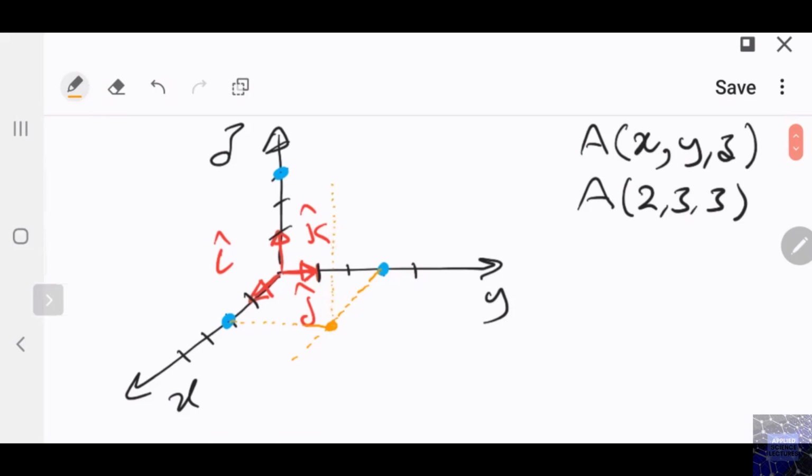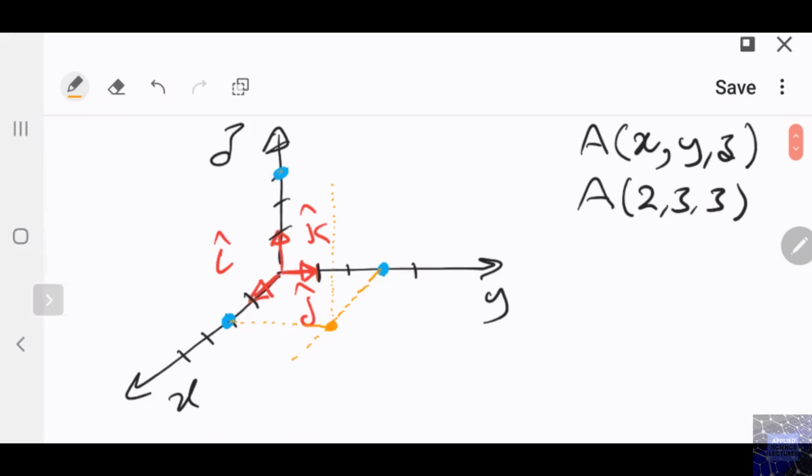now in order to define the accurate location of that point, I need to go parallel from the point on z here.